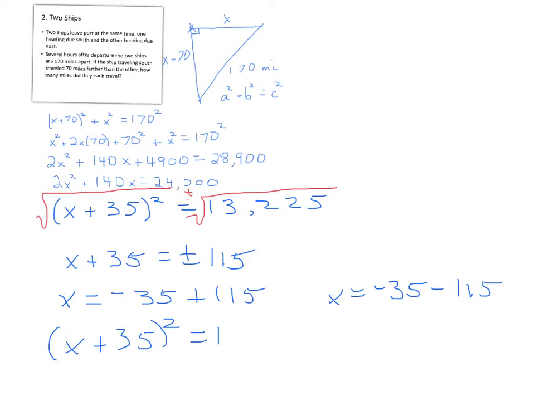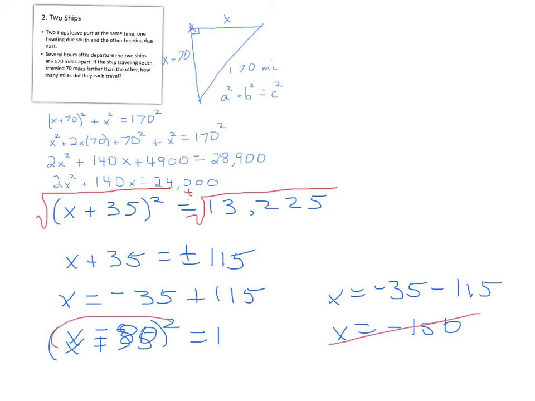The negative 35 plus 115 is 80, so we have x equals 80, and then the negative 35 minus 115 is negative 150. But x cannot equal a negative number because we're talking about distances, so we can discard the negative solution.